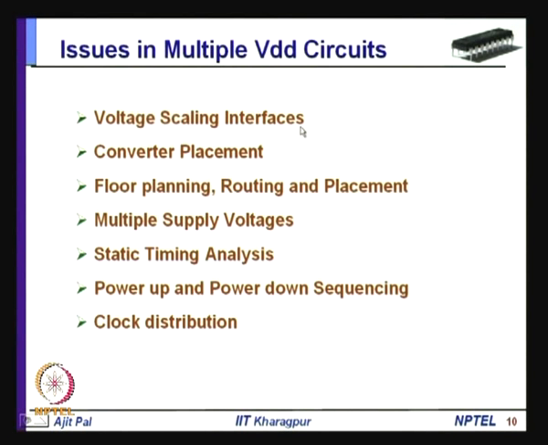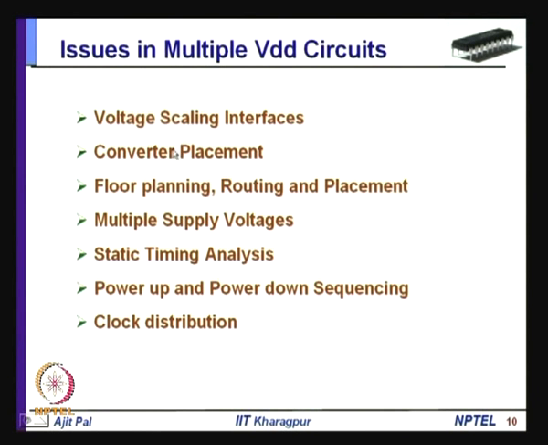Let us consider. Number one is voltage scaling interfaces. As the signal passes from one voltage domain to another voltage domain, in those interfaces you will face some problem. What kind of problem? We shall discuss in detail. Then you will require level converters in the voltage scaling interfaces, and they are to be suitably placed; how and where they should be placed will be discussed.